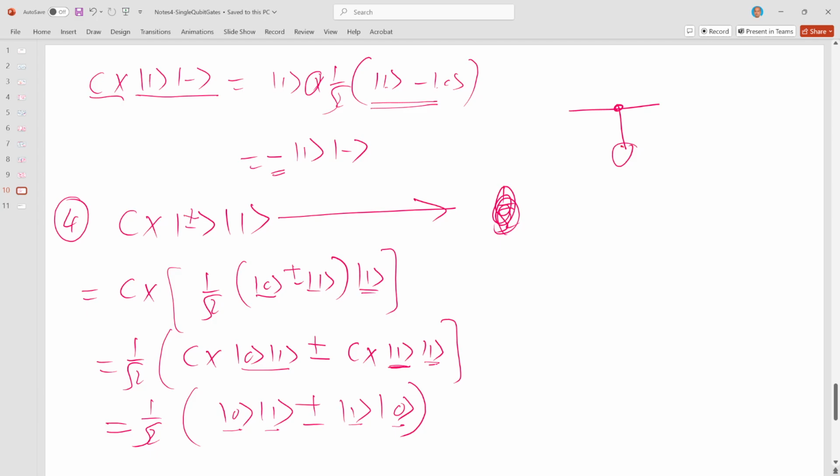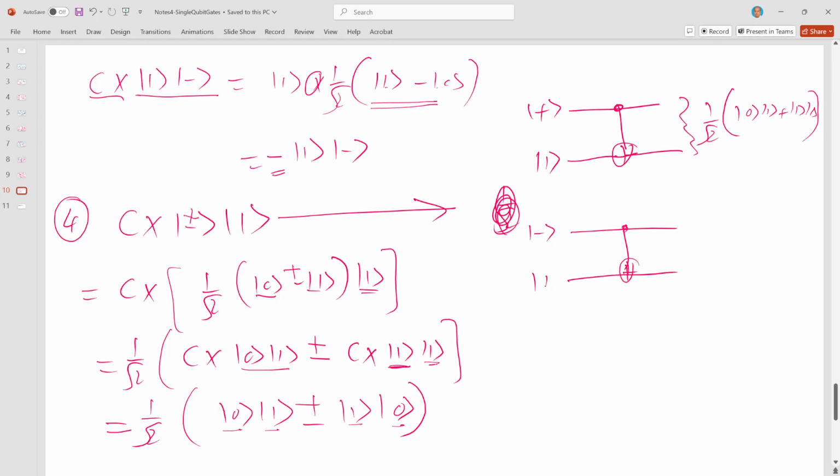This control X gate has transformed the plus state here and 1 here into a state 0 1 plus 1 0, and a state with minus here and 1 here into 1 over square root 2, 0 1 minus 1 0.